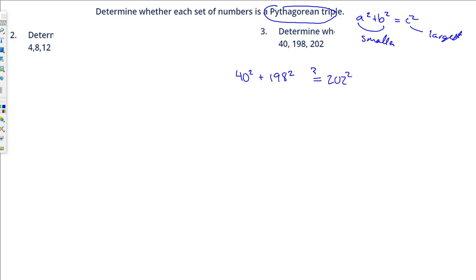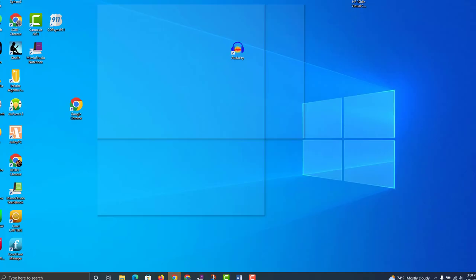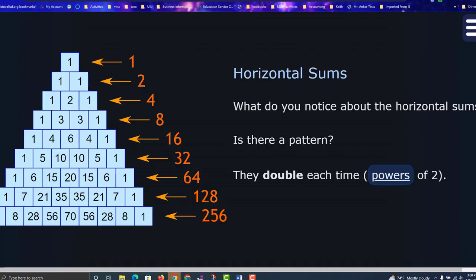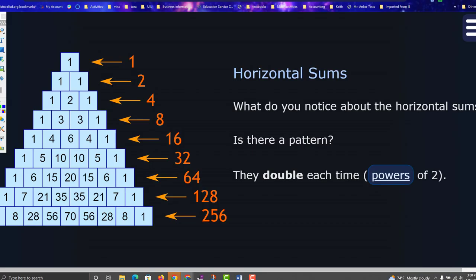And so, it's okay. I'm trying to find my calculator real quick because I've got too many tabs open. It's not the one I wanted. There it is.